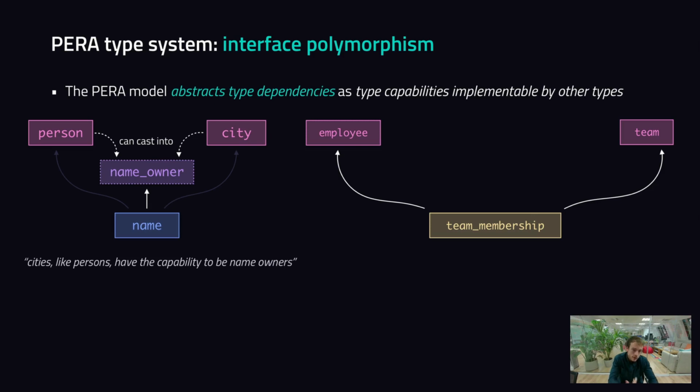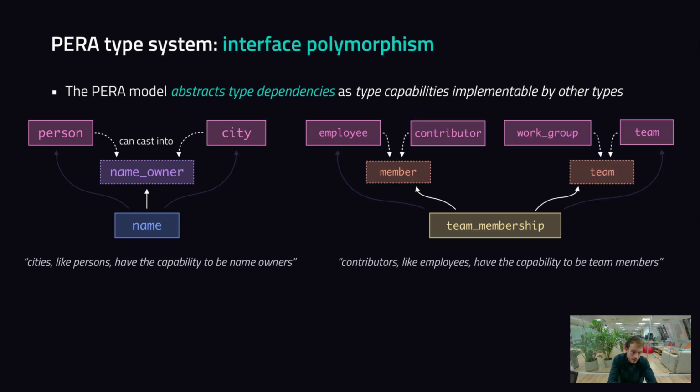And here again, we can introduce abstract interfaces that are then implemented by other types in order to allow various forms of instantiations. So for instance, a team membership could maybe be instantiated not only with an employee, but also an external contributor as a member. So both employee and contributor are then cast into this abstract interface type of members that team membership then depends on.